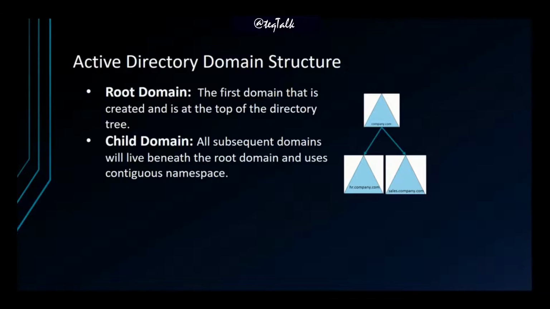So this domain name is hr.company.com, and see, it is carrying the .company.com domain which belongs to the parent. Another child domain that has been created is sales.company.com. Again, it is using the company.com domain and acting like a child.